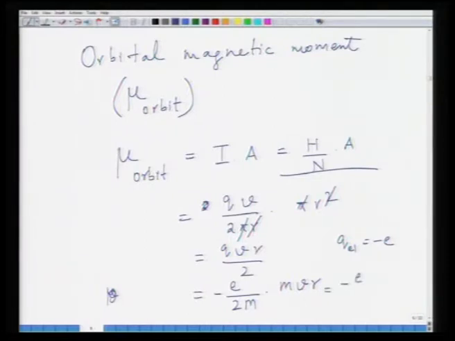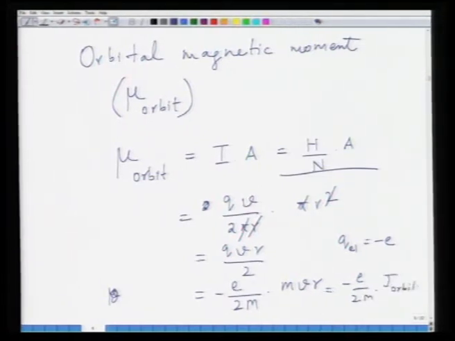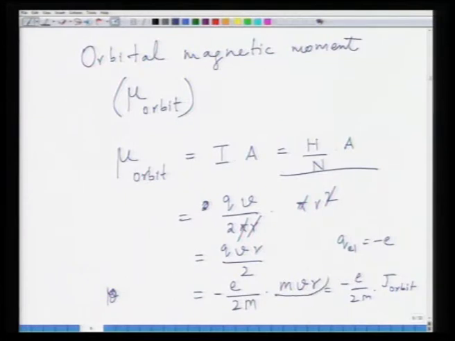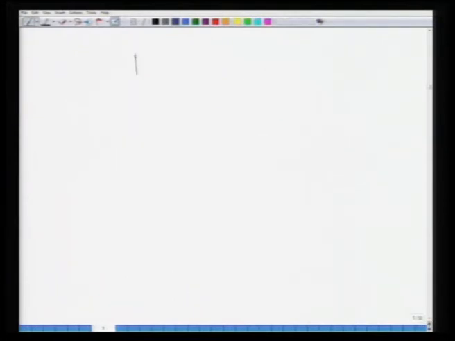So, minus e by 2m multiplied by j orbit. So, mu orbit, we have got a relation, is equal to minus of e by 2m multiplied by j orbit.